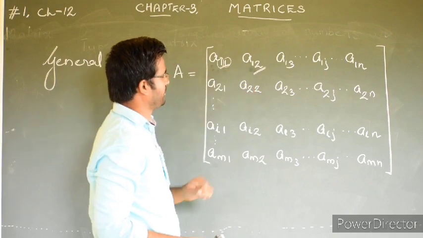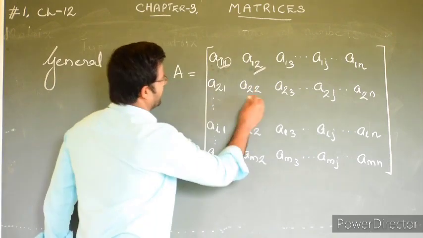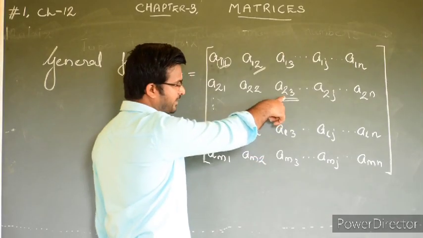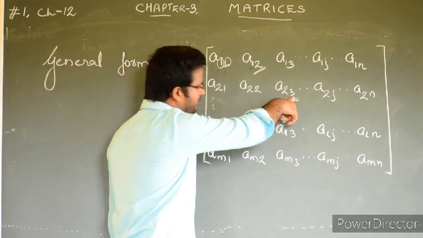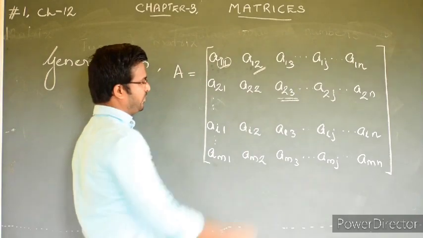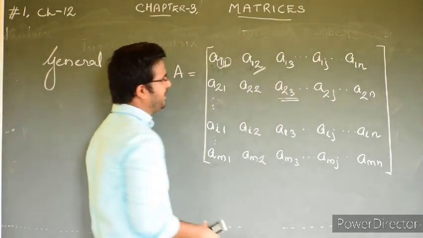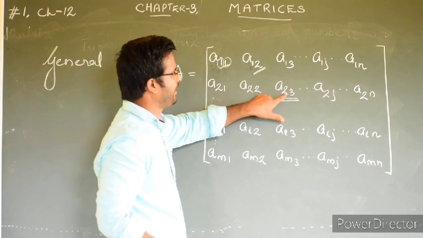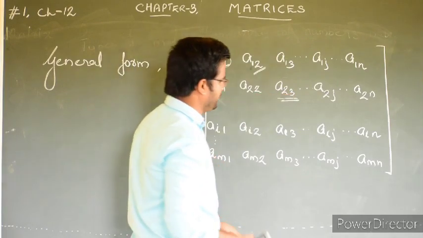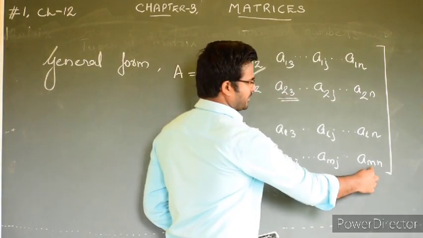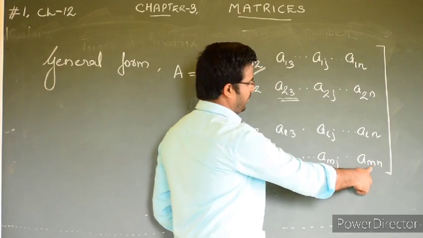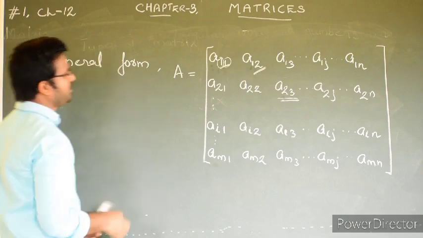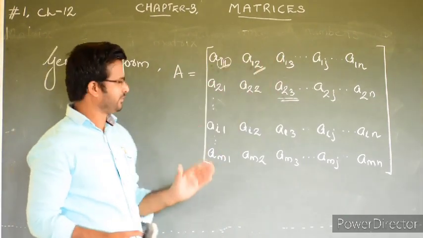Then another one, this 2 means second row, 3 means third column. The position of this element is represented by the subscript 2, 3: second row and third column. Then this is the last term, mth row and nth column. This is the general form of a matrix.